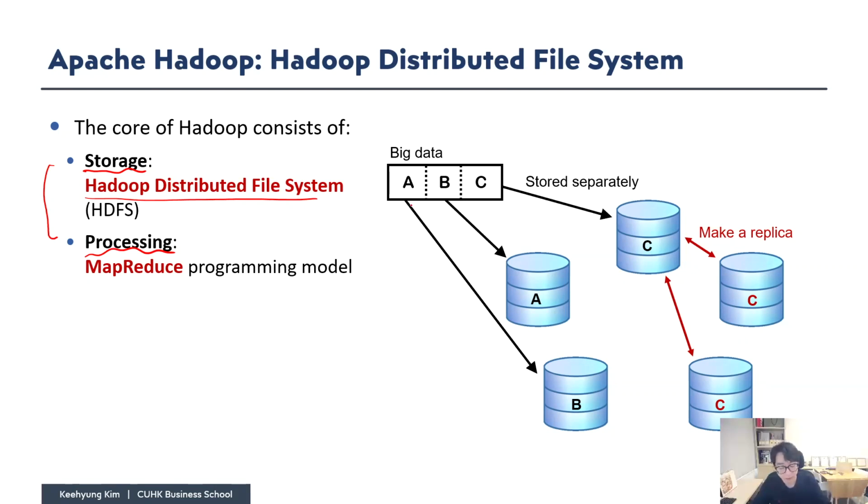We have a big data set, we cannot store this in one server because of the size, and we want to manage it more efficiently. So we divide this into multiple parts and save it on different servers. That's the concept of the Hadoop distributed file system.